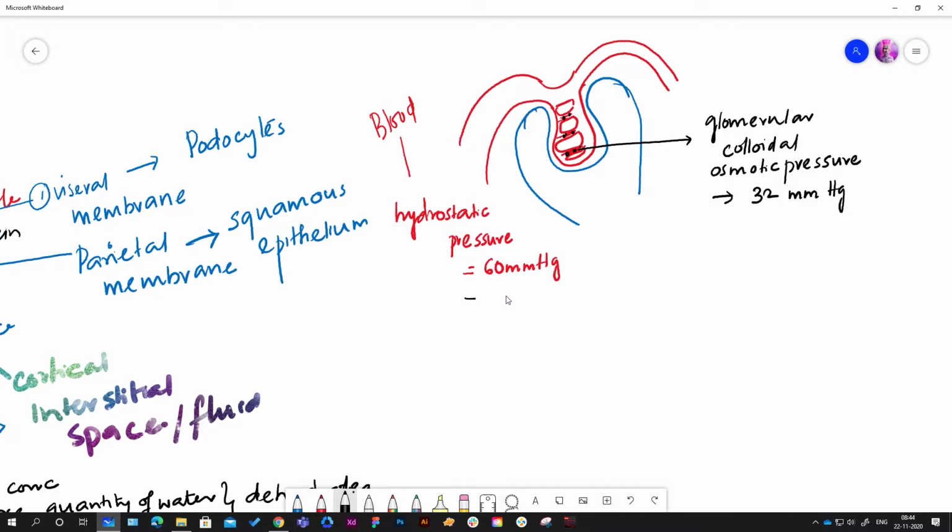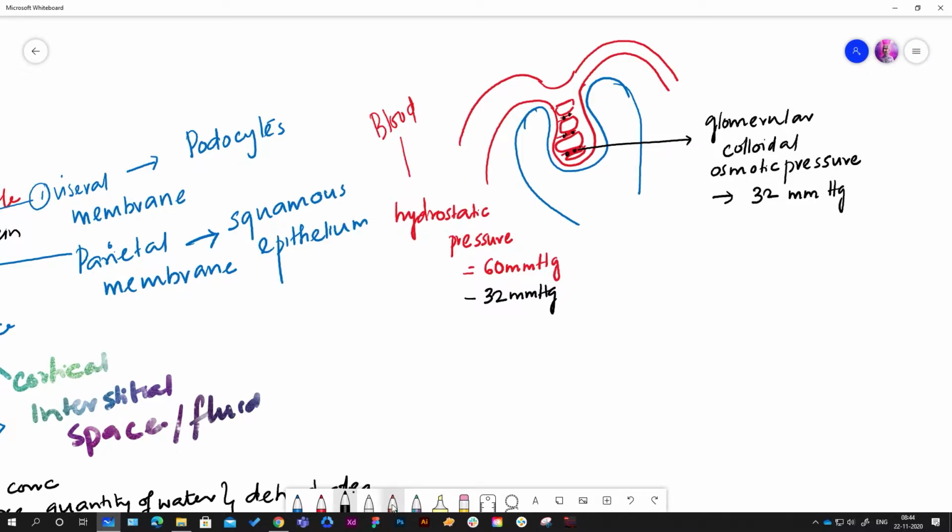So I will write here: 60 mm mercury is getting opposed by 32 mm mercury, which is the osmotic pressure exerted by the colloids which are present. Where are they present? They are present in the glomerulus. That is why it is called the glomerular colloidal osmotic pressure.